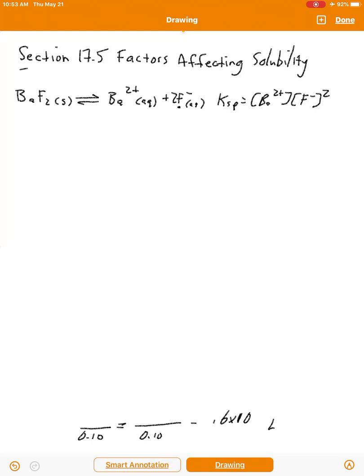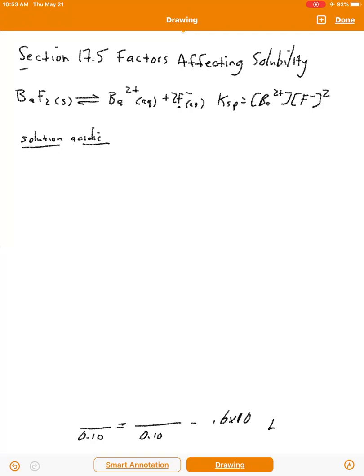Okay. Suppose we make the solution acidic. This is something we do. We make it acidic. Okay? If we make it acidic, it turns out that the fluoride ion is the conjugate base of a weak acid. Okay?